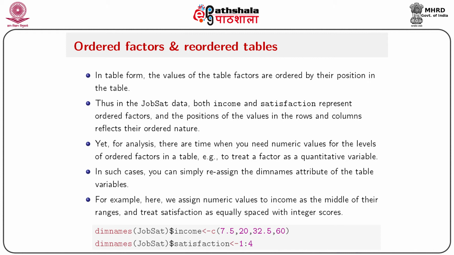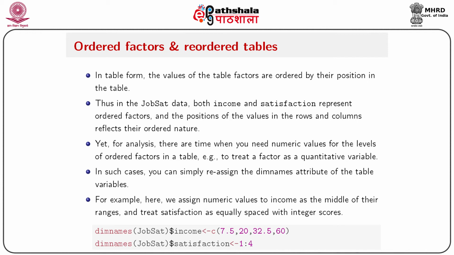Yet for analysis, there are times when you need numeric values for the labels of ordered factors in a table, for example, to treat the factor as a quantitative variable. In such cases, you can simply reassign the dimension names or attributes of the table variables.